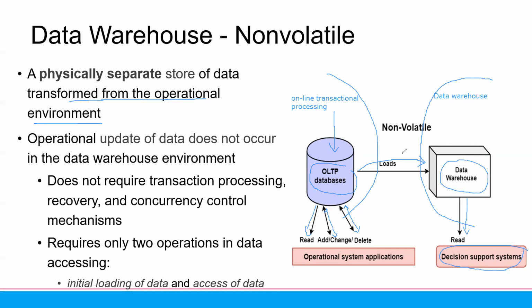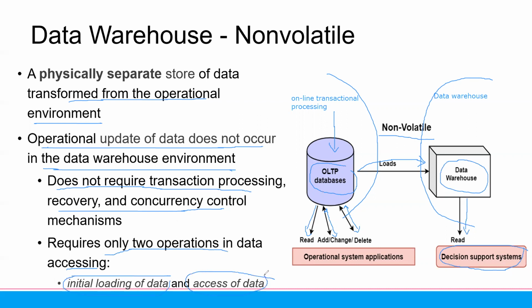So it is non-volatile. Operational update of data does not occur in the data warehouse environment. So it does not require transaction processing, recovery, or concurrency control. It requires only two operations in data accessing. So the initial load of data and access of data.